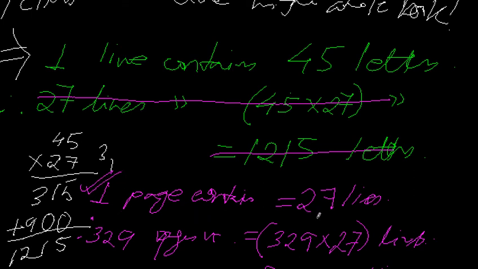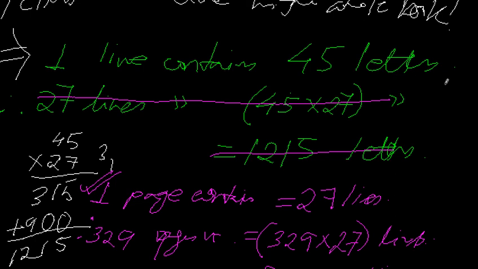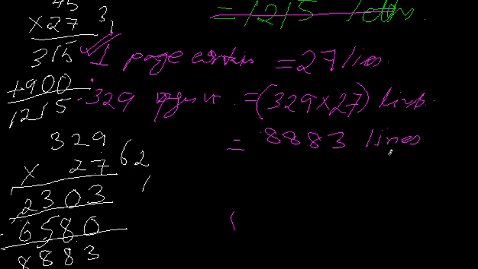One page contains 27 lines. Therefore, 329 pages will contain much higher number of lines. That's why 329 into 27 lines we have got, and we have got 8883 lines. Now see that one line contains 45 letters. Therefore, 8883 lines will contain how many number of letters?